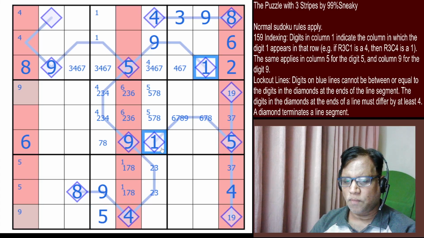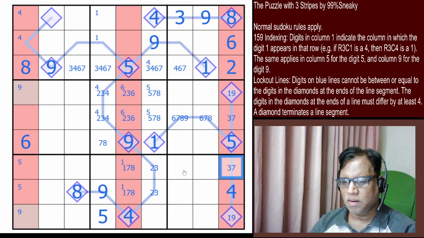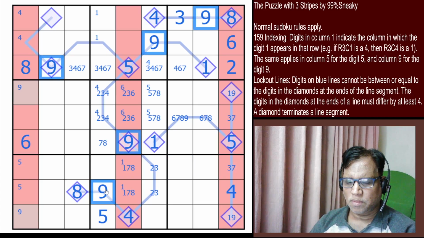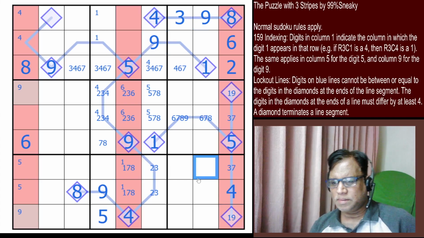So we got 1, 1, 6, 8, right? 9 we got a lot of, right? In fact, everything. So 9 is either here or here. Oh, where is 9, 1? 1, 9, right? Okay.